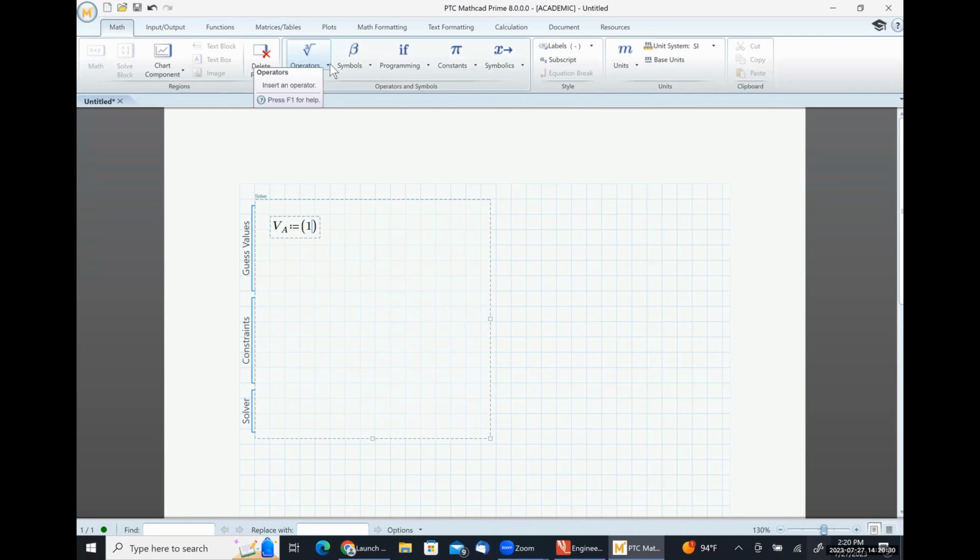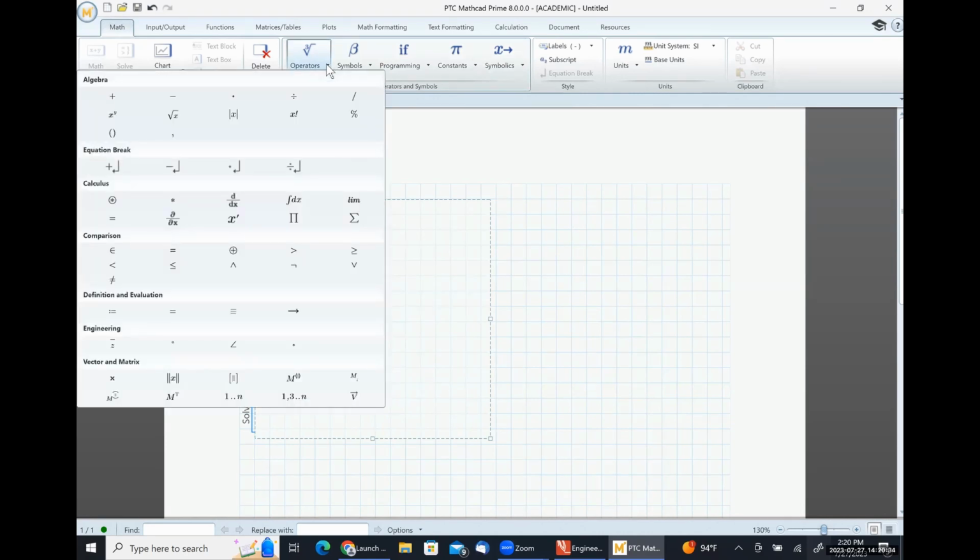Much like before, I'm going to show you some shortcuts. If we click the operator button here, and we go down to engineering, we can see that this button lets us perform the complex conjugate operation, and it has a keyboard shortcut, Control Shift, open parentheses. Then we have the degrees symbol, which is going to be very important for us.